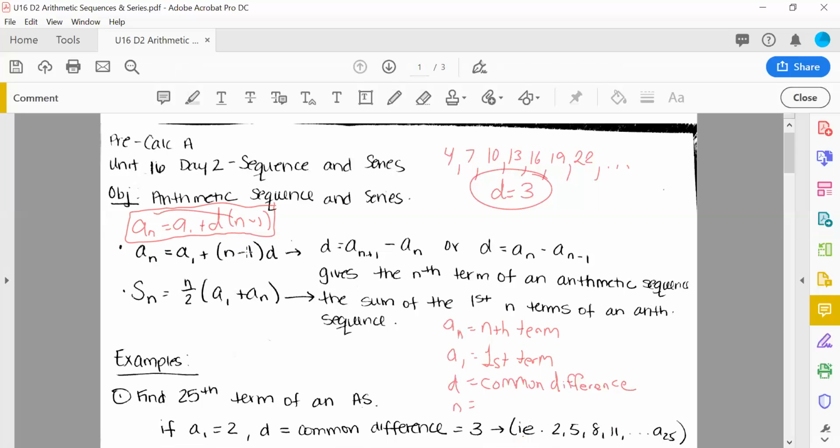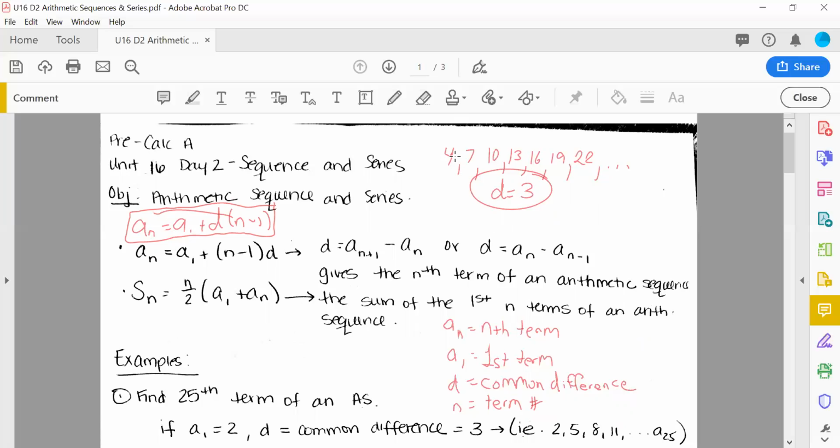N happens to be the term number. So if I want to find, let's say, what is 22? 1, 2, 3, 4, 5, 6, 7. So if I want to find the 7th term of this sequence, apparently I'm starting with the first term, which is 4. And then how many extra times must I add 3 to get to 22?